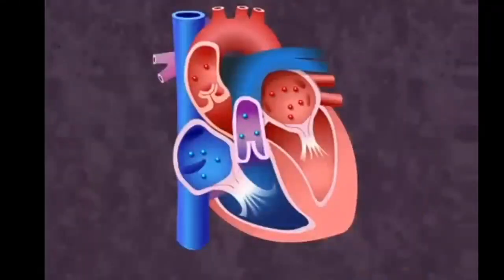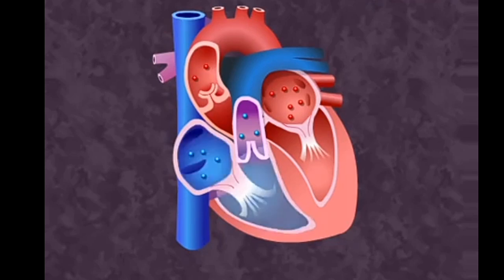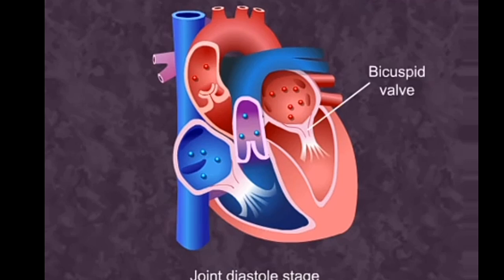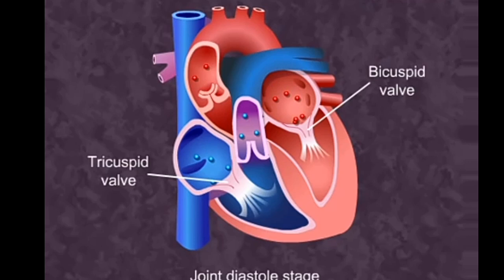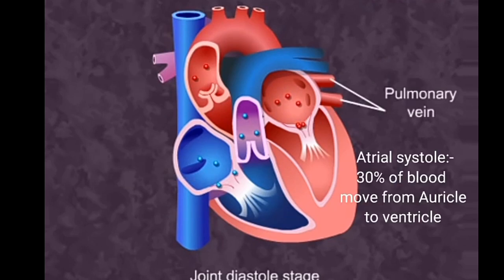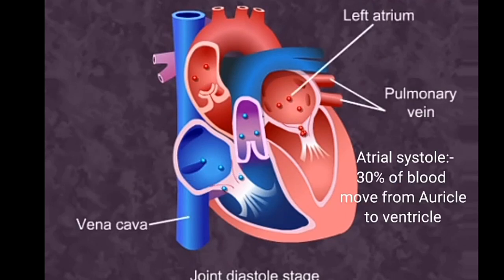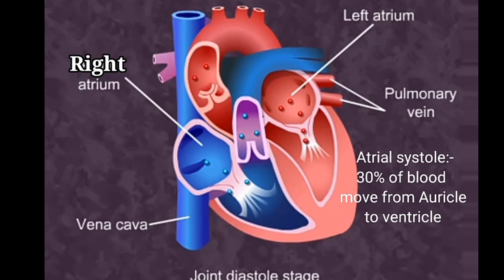Look at this figure. In this, you can make out that all the four chambers of the heart are in a relaxed stage, that is, joint diastole stage. Now you will observe that the bicuspid and tricuspid valves are open. So the blood will flow from the pulmonary vein and vena cava to the left and right atrium respectively.